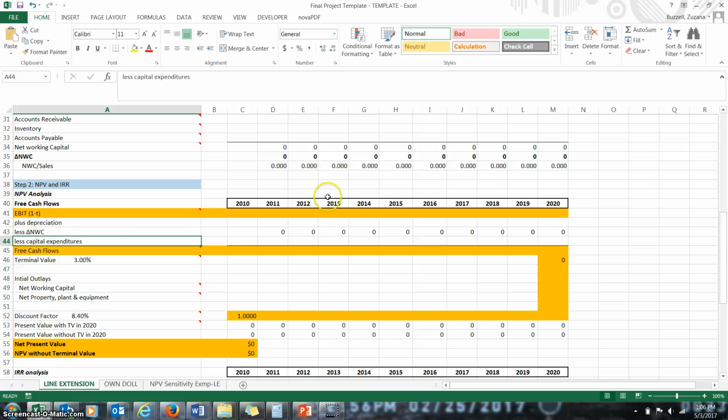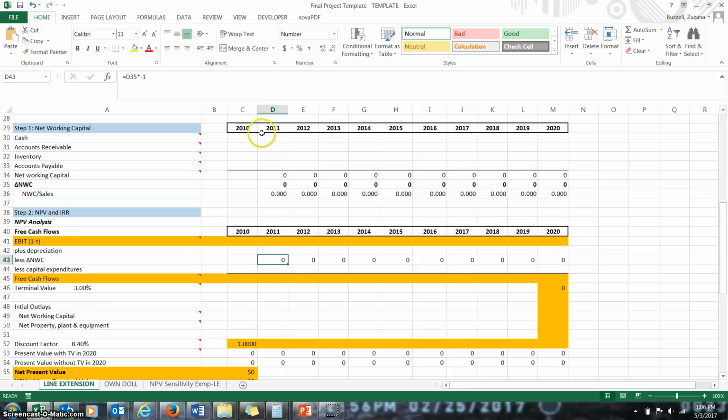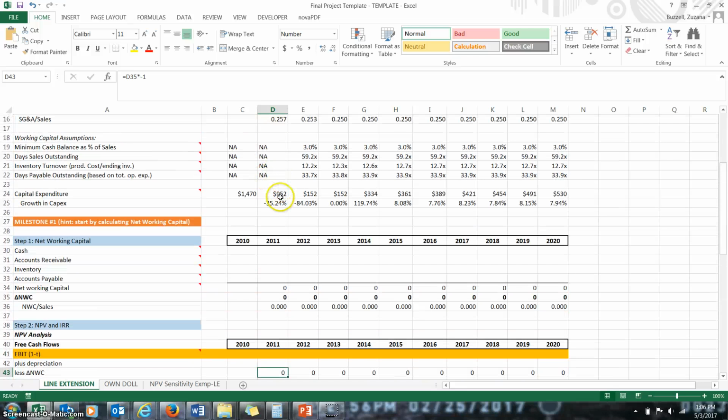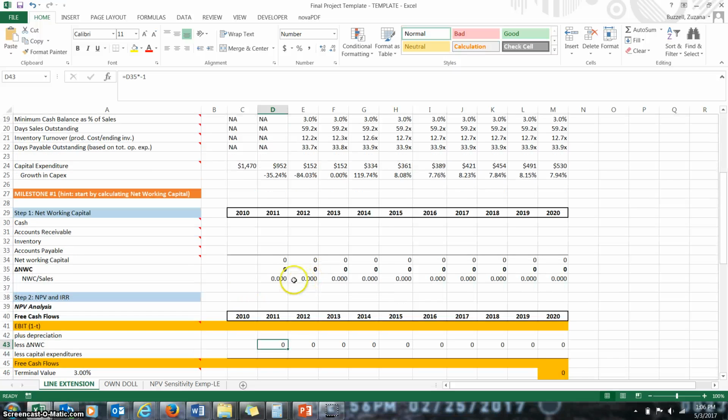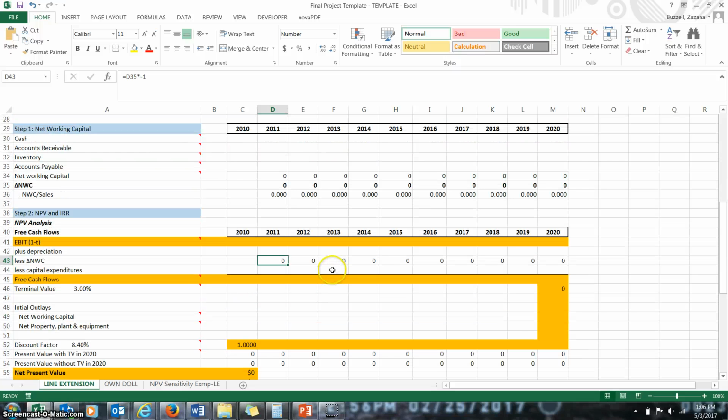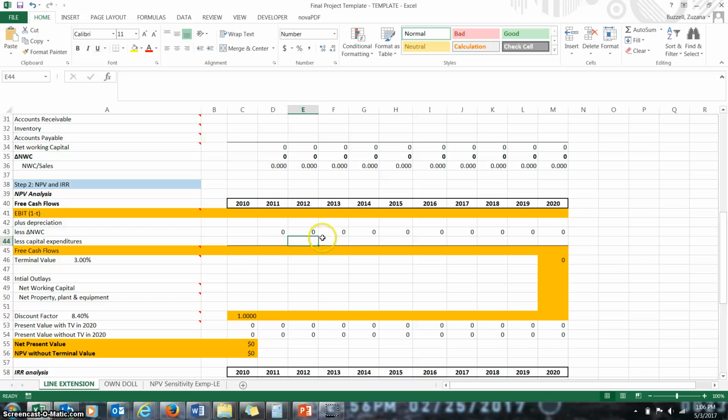You need to take those out from your free cash flows because those are your expenses. Why is it called less? Because even though we calculated them and they are positive, your working capital and your change in net working capital, you have to put them as a negative. See how I put E35 minus 1? That just indicates that this number will become negative, because they are your expenditures essentially in the free cash flow.